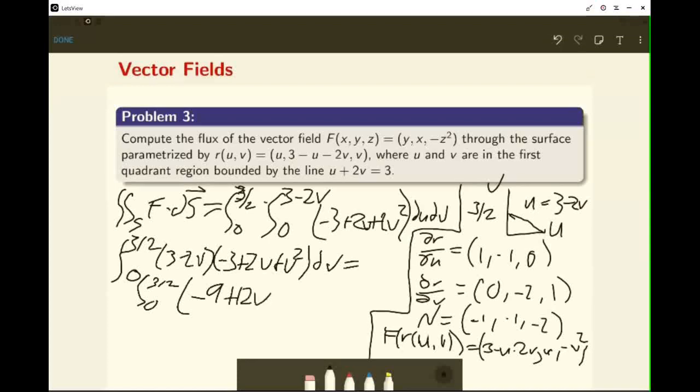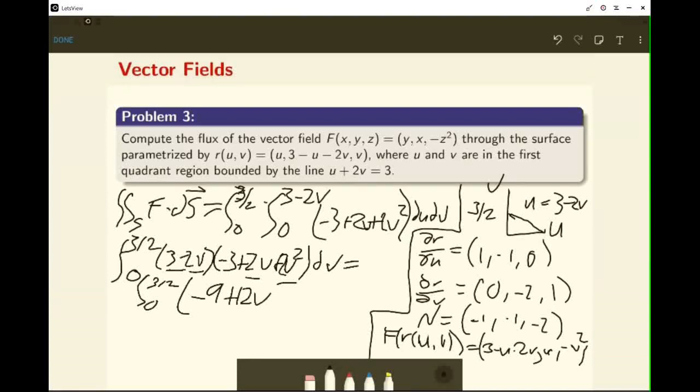For v squared, we're going to get 3v squared from there, minus, oh, sorry, this is plus 2v squared, so that's going to be 6v squared, and then minus 2v squared, or minus 4v squared from those.